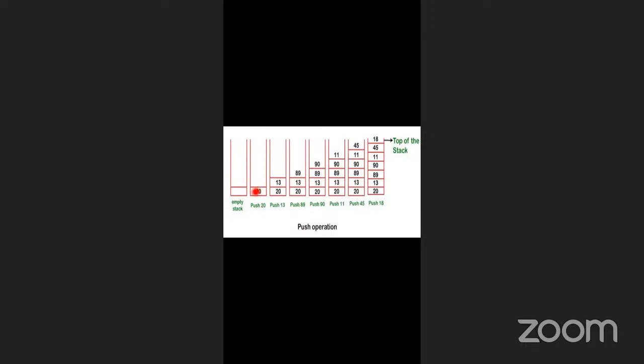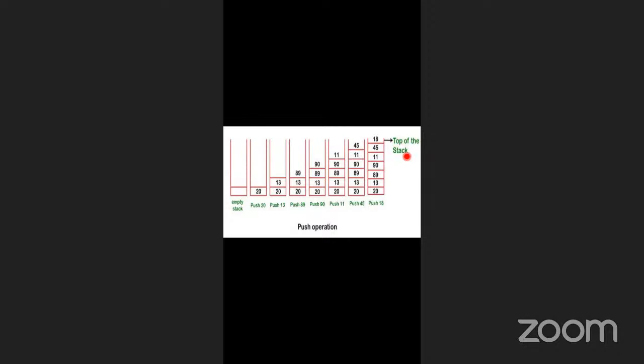Then I push 13, and it is stored second. Then I push 89, and that is stored in the third position. And I push 90. Like this I push many elements on the top of the stack, until the stack is full. Here 18 is the top of the stack.